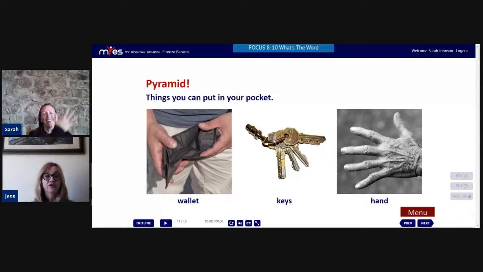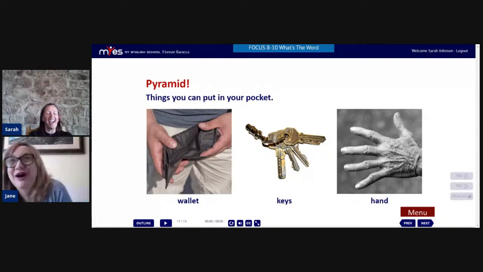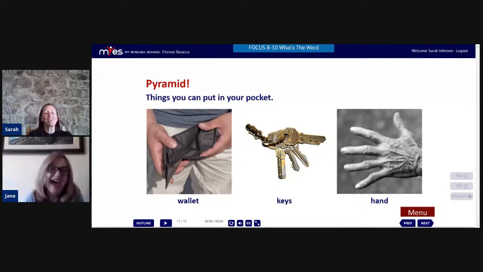A thumb is not a finger. No, it's a thumb. I always thought it was a finger. Unless you have 5 fingers and a thumb, because then you've got 6. You know what, Sarah? We definitely have to pair up again.